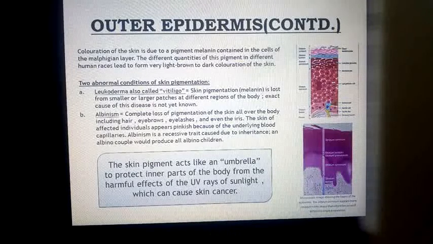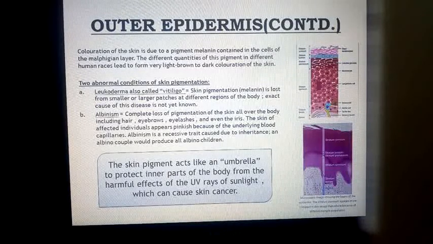Got it, children? So we say fair colored people, or we call them Europeans, whitish; Indians, in the intermediate, wheatish, like that. Some people, Africans, dark colored.